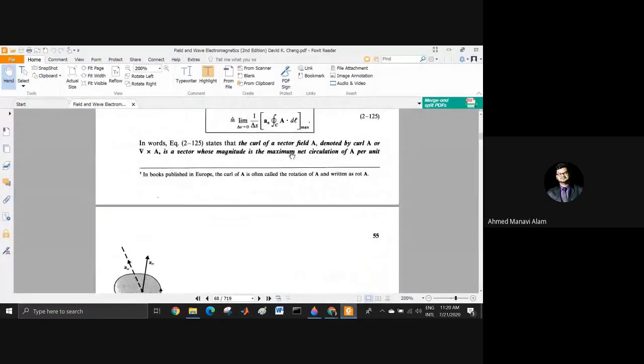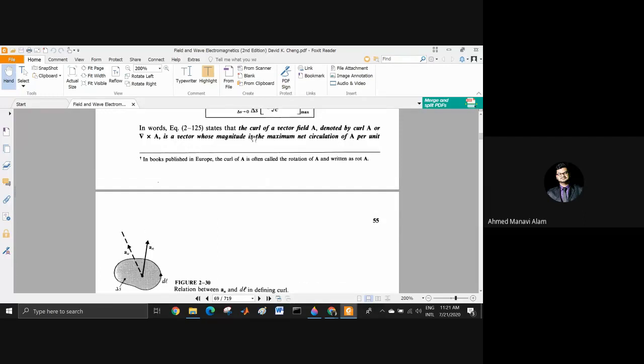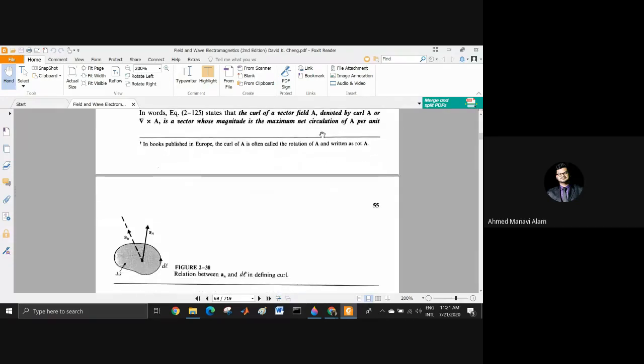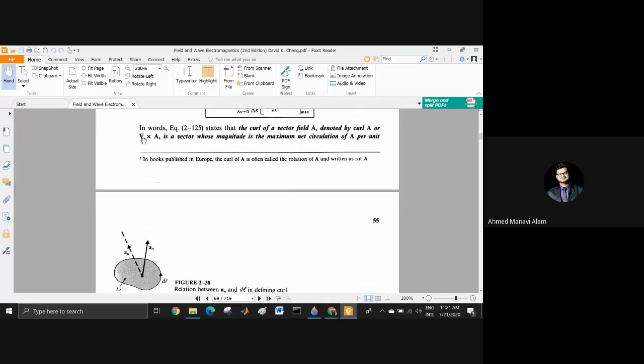So I have given this book, and I hope whenever you listen to the recording, you will also open the book simultaneously. Here we can see the definition: the curl of a vector field A, denoted by curl A, or the nabla sign we had, the triangle sign.